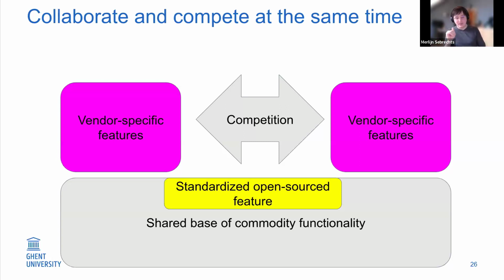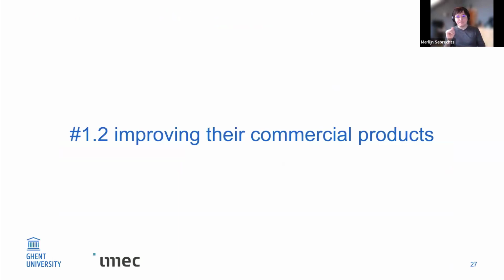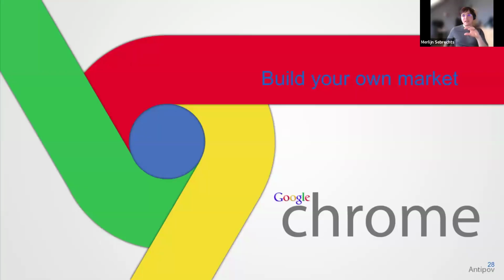The second reason why companies are creating open source software is because they want to improve or they want to sell other commercial products. For example, a very, very prominent example of this is Google Chrome. Google Chrome is basically Google building their own market by creating open source software.